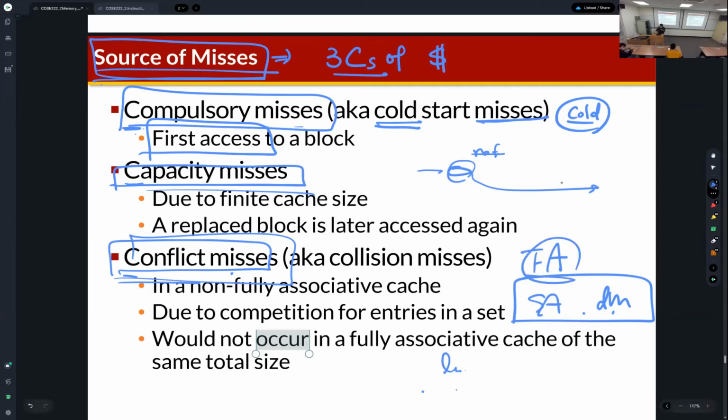But because of this limited associativity, the cache miss rate can be increased. So there are three different kinds of misses based on the source of misses.